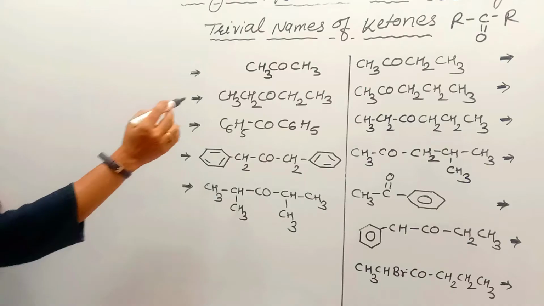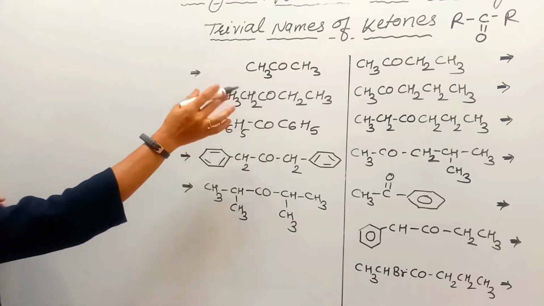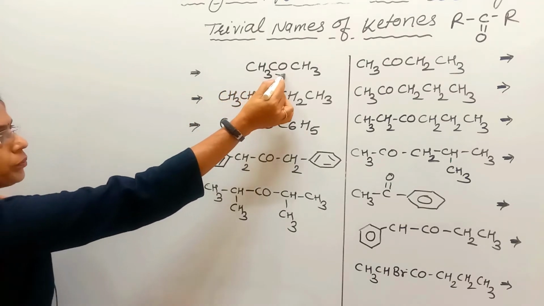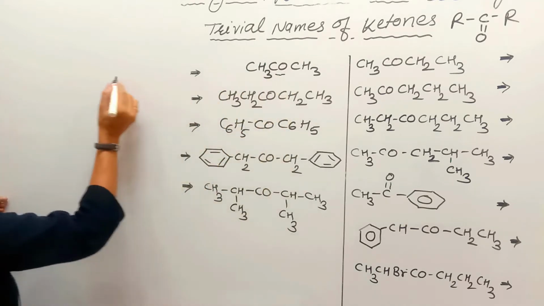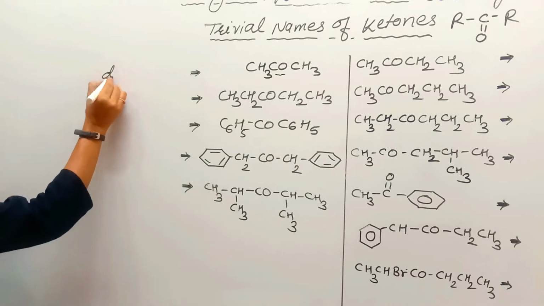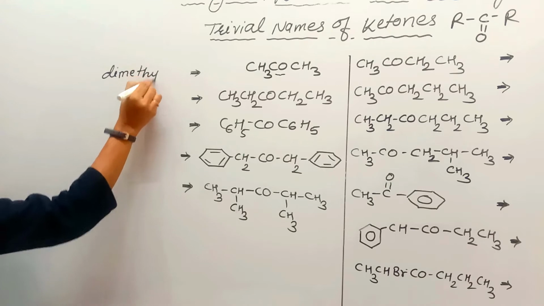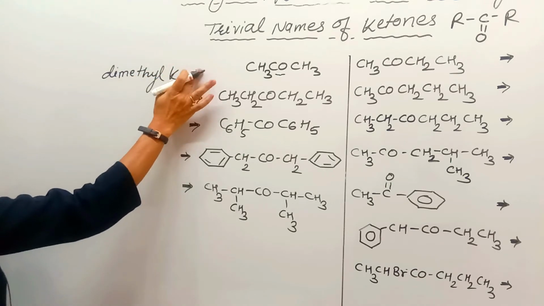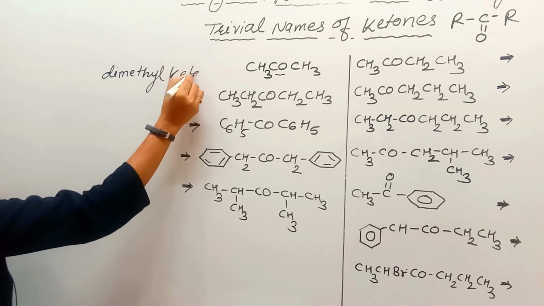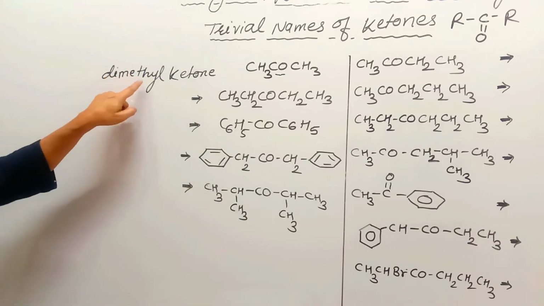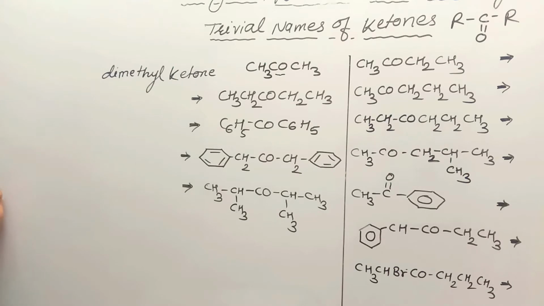Now let's name this first compound. This is the ketonic group, CH3 and CH3. So I will write dimethyl ketone. Di, then alkyl, and then the word ketone.